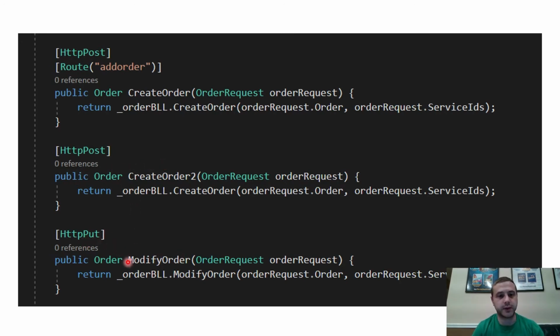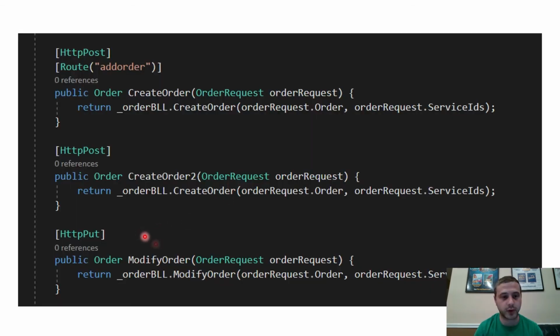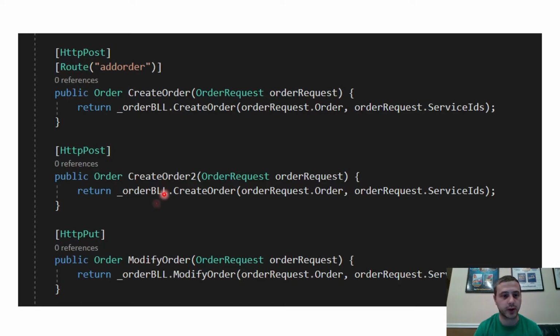HTTP put, this will update. Put means update, along with patch. So patch and put are both like an update type of thing. And so if you send a request to this URL, remember, it doesn't have a route, so it would be the controller URL, the default URL.